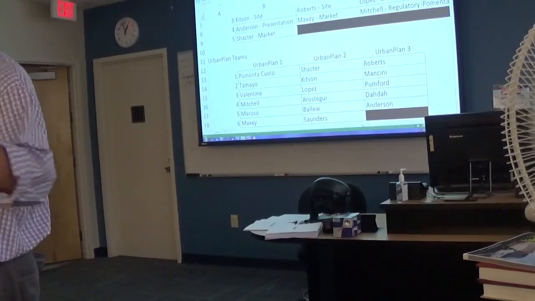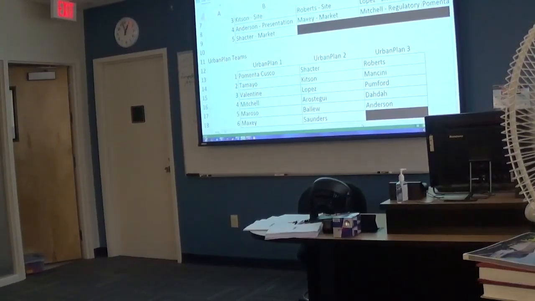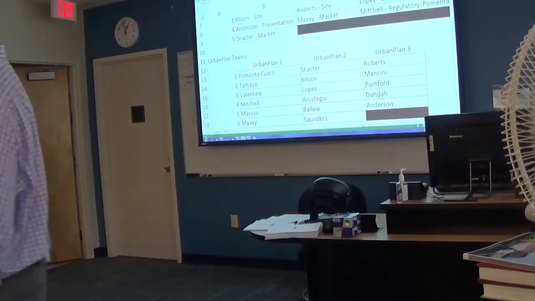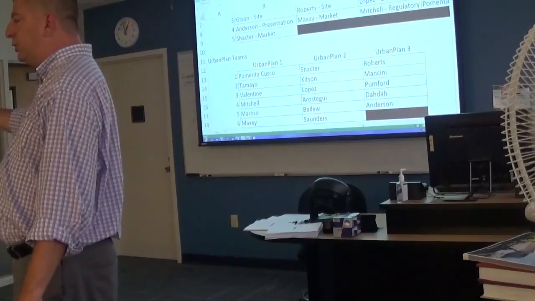But theoretically, the idea behind this land use plan is you bring all these competing interests together and you come up with, through a series of what are typically referred to as charrettes, or studios, giving people an idea of how we want this community to look. How do we want it to be laid out? What sort of features do we want?